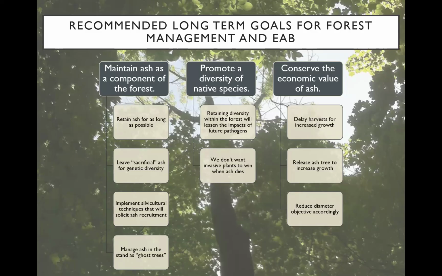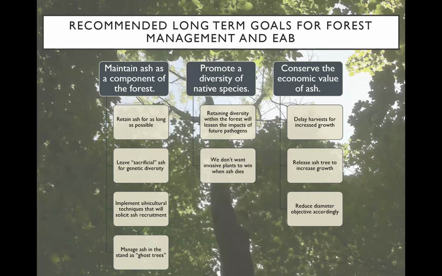So that's the implementing of silvicultural techniques to solicit ash recruitment. There's some hope that if we grow some ash now, those ash will grow up in an environment where there's more of a balance with emerald ash borer and the populations are kept low enough.